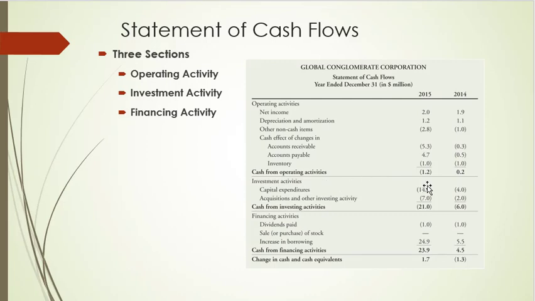You can see in this particular company in 2015, they actually lost cash from running the company. That is extremely important. That is a terrible thing. In 2014, it was negligible. It was a very little amount. So this company apparently is in trouble.